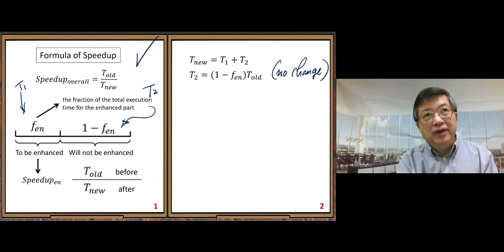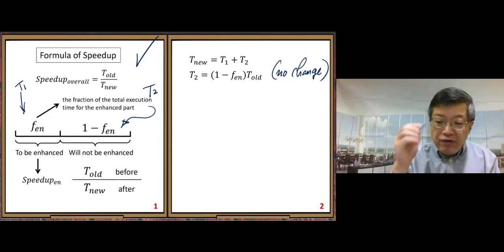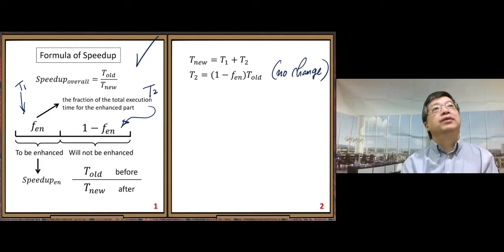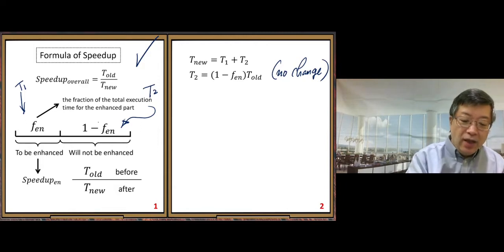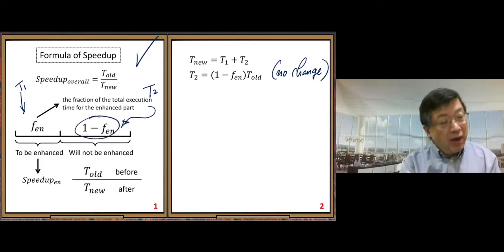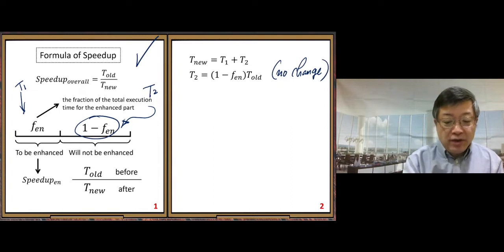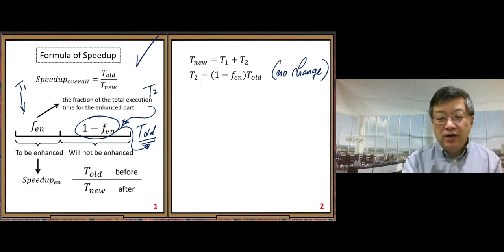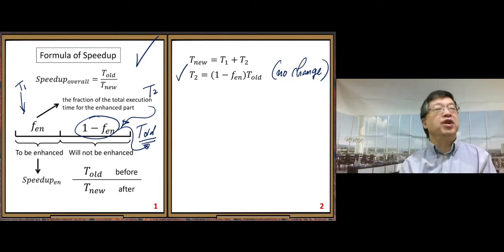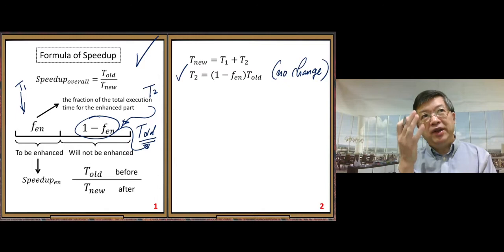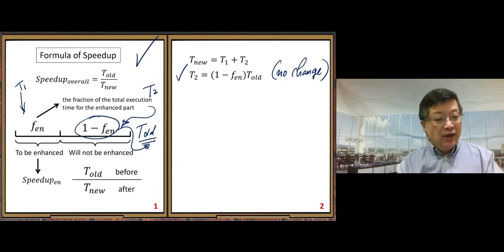So we can calculate its value using the before enhancement case. We know its fraction is this much. Before enhancement, the total execution time is T old, right? So this number times T old, that's the T2 part. So we have this expression. Relatively easy.